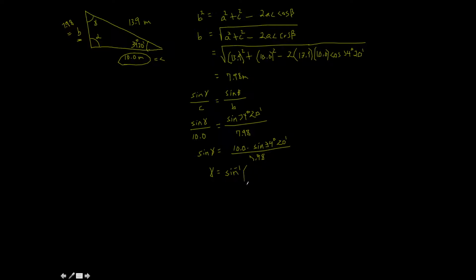So the inverse sine of 10 times the sine of 34 degrees, 20 minutes, all over 7.98. Alright, so punch that in your calculator, and once you change that back to decimal degrees, you're going to come out with 45.0 degrees.